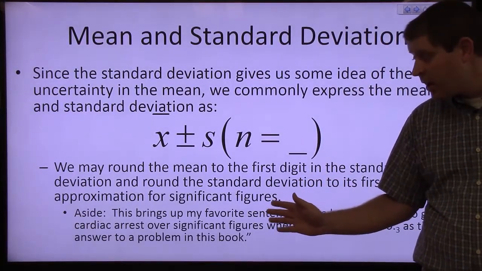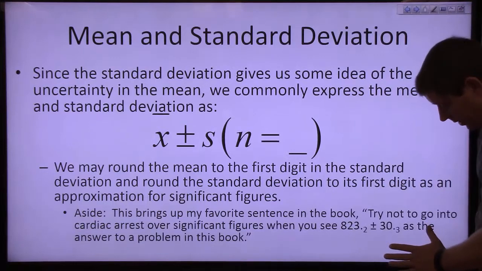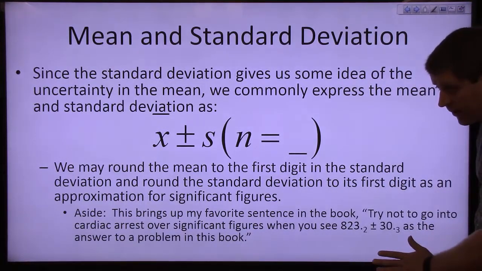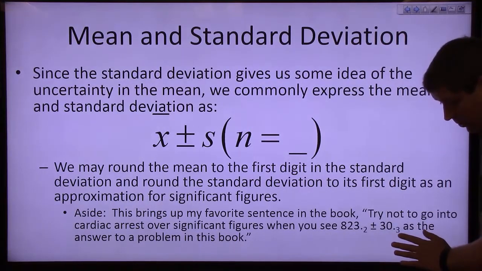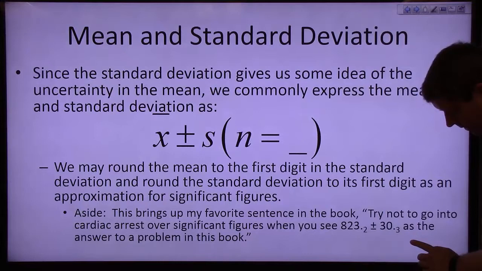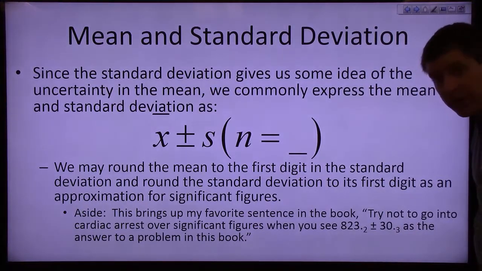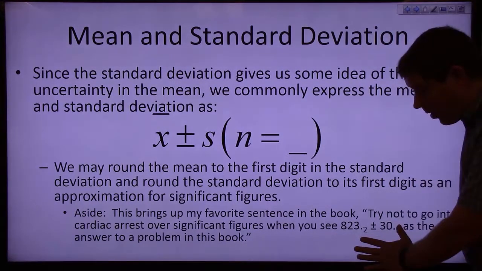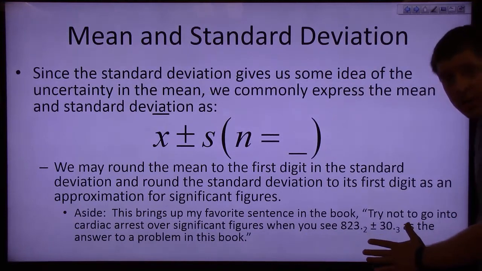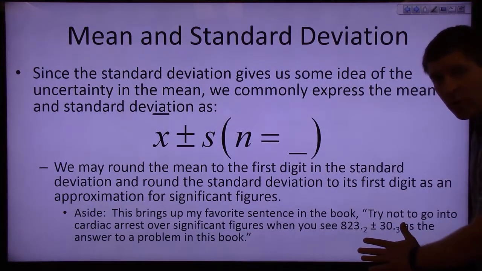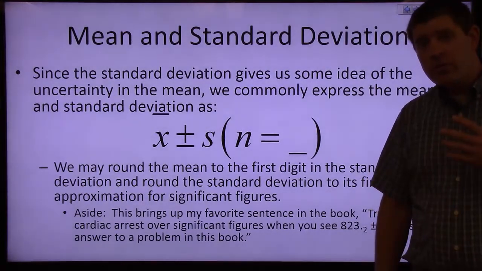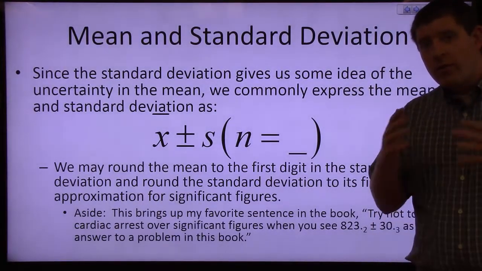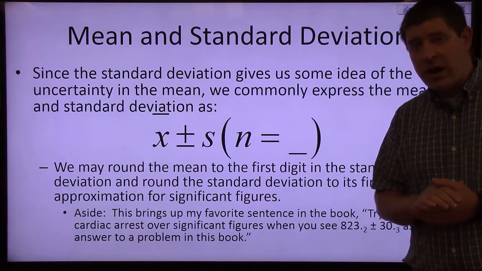As an aside, this brings up my favorite sentence in the book: try not to go into cardiac arrest over significant figures when you see 823.2, where the 2 is subscripted, plus or minus 30.3 as the answer to a problem in this book. That is, the author here is not going to be using significant figures perhaps the way that you learned them in general chemistry, because significant figures is just a hand-wavy way of keeping track of error.